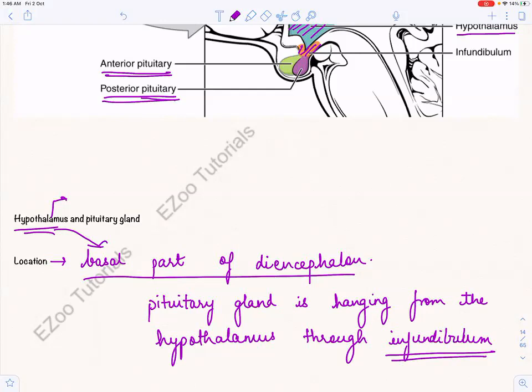Why? Because the anterior and the posterior pituitary gland have a major difference. The posterior pituitary gland is made up of nerve cells. We'll do the structure, then you will understand this more.